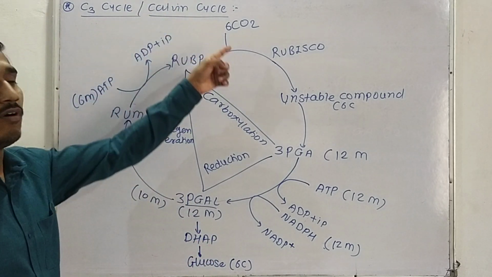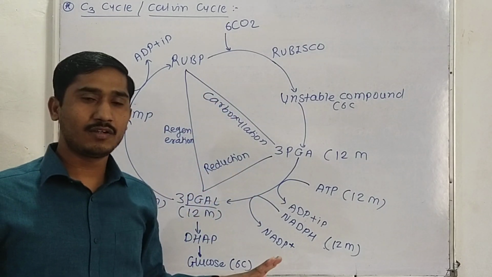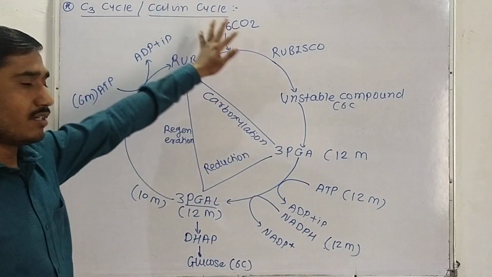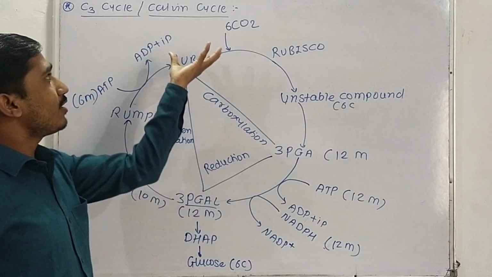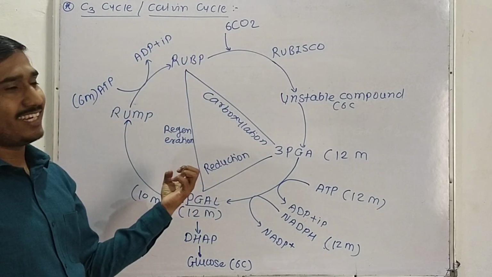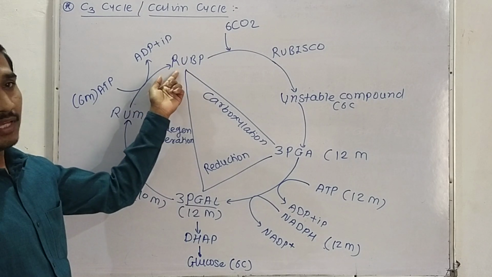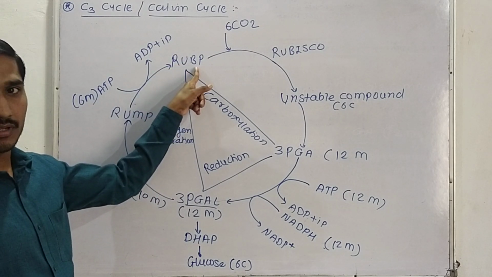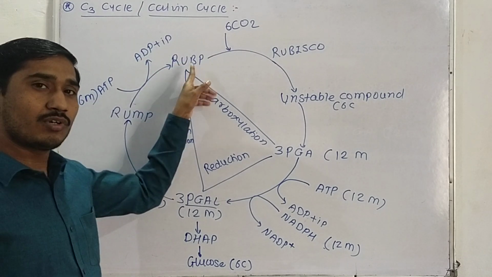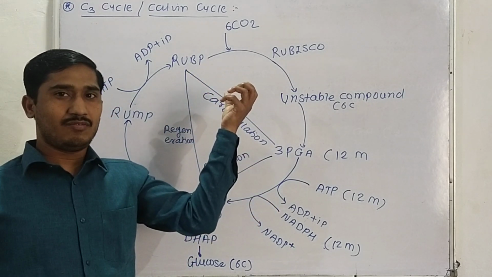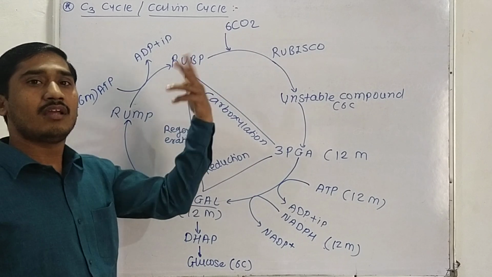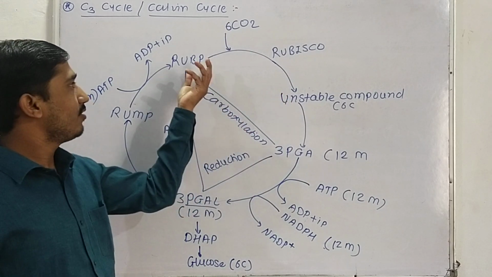So this is the overall Calvin cycle. Got it? So we will summarize it from where we start the Calvin cycle. It starts from RuBP, which is a 5 carbon compound. From an examination point of view, a question may ask which is the first CO2 acceptor in the C3 pathway. That is RuBP, and how many carbons are there? 5 carbons.